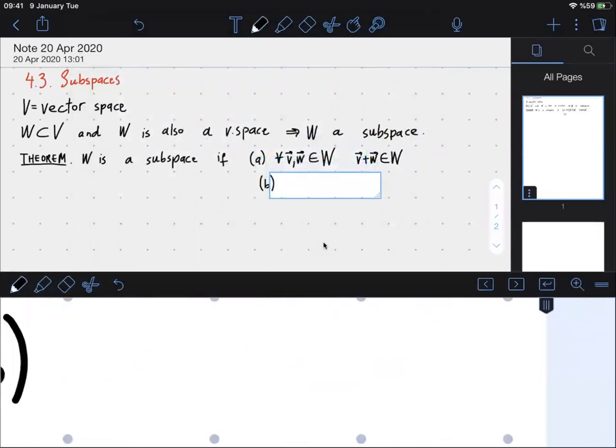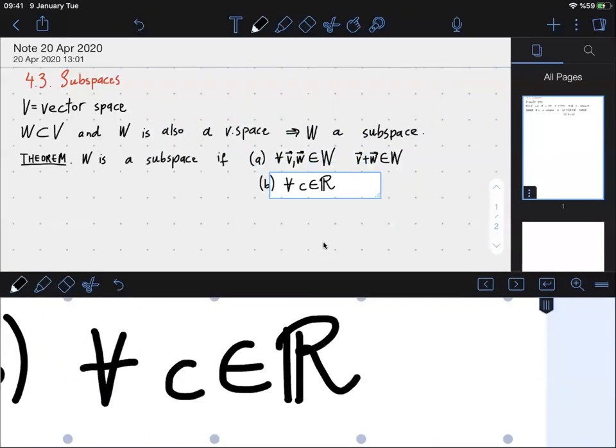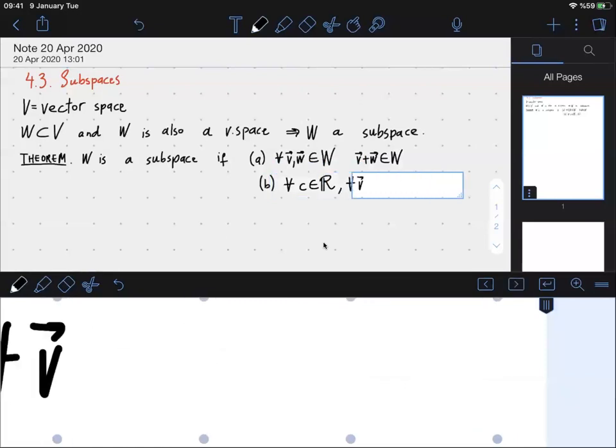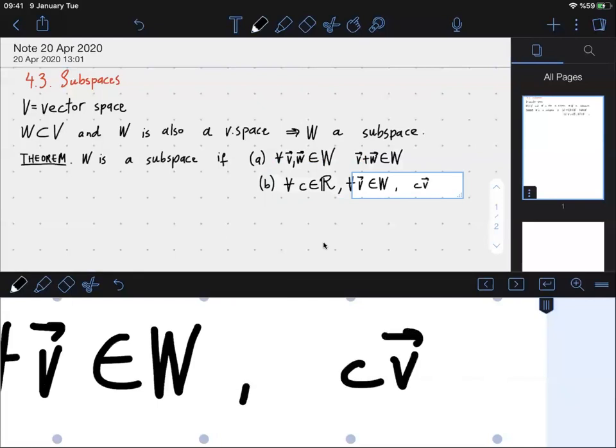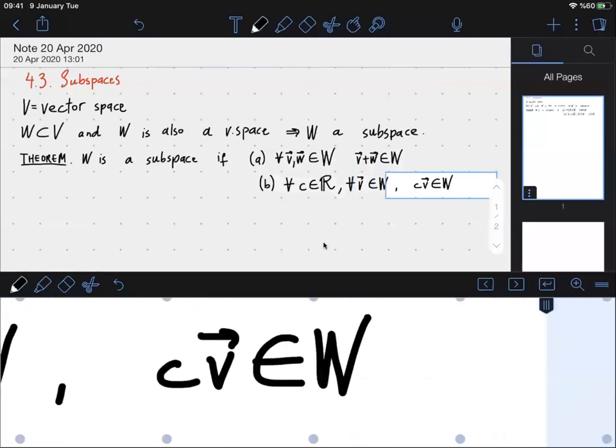Here, for all scalars C, our scalars are real numbers, remember, and for all vectors V in W, you want C times V to be still in W. So if you take scalar products of vectors in W, you want them to remain in W to be a subspace, okay?